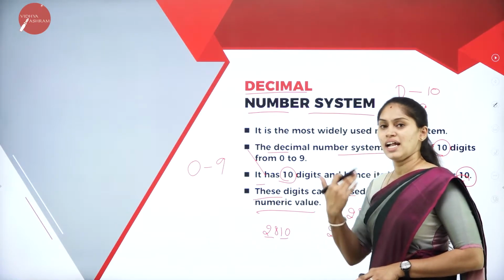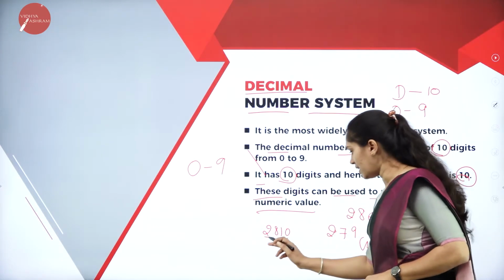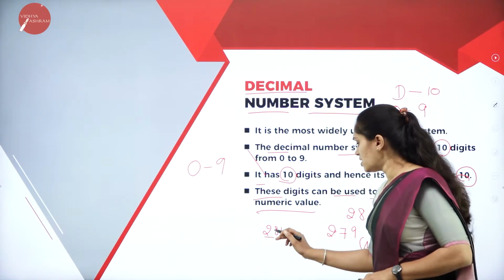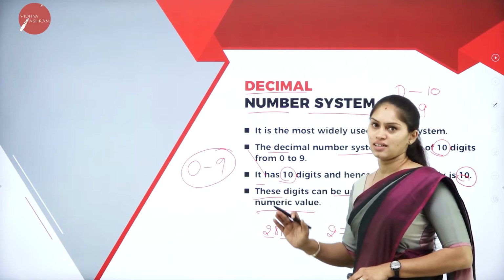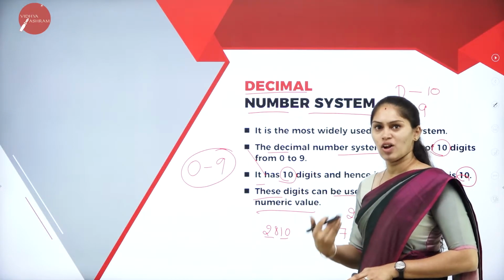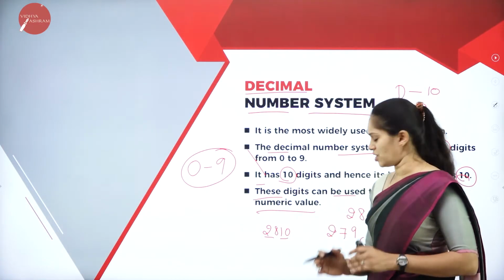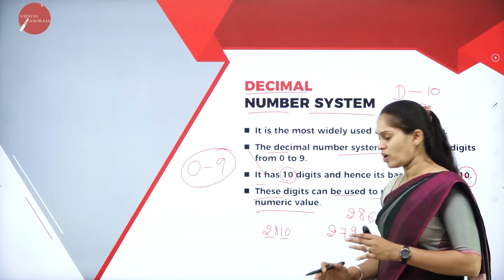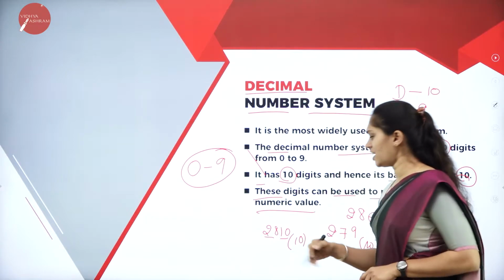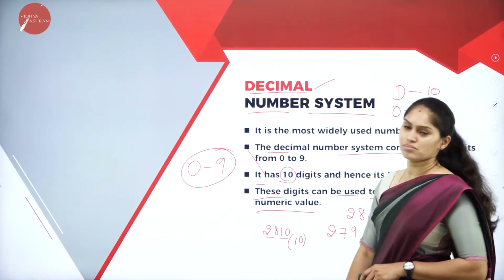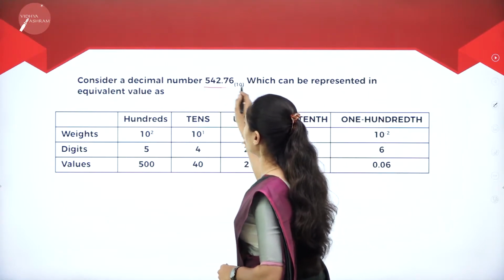Instead, it will be considered as 2810. Why? Because each digit must be between 0 and 9; we cannot take any value greater than 9. So I can call this 2810, and its base is 10, in the sense it belongs to the decimal number system. So here, consider one decimal number. What is the number that I have taken?